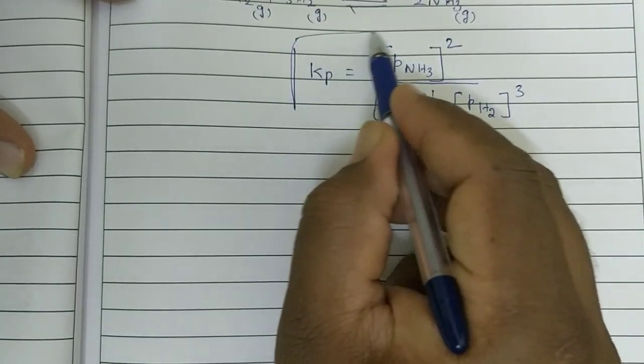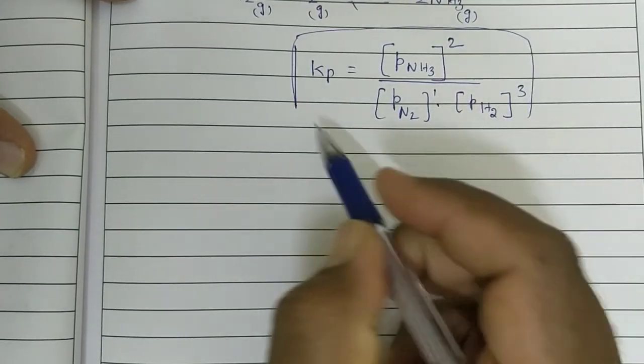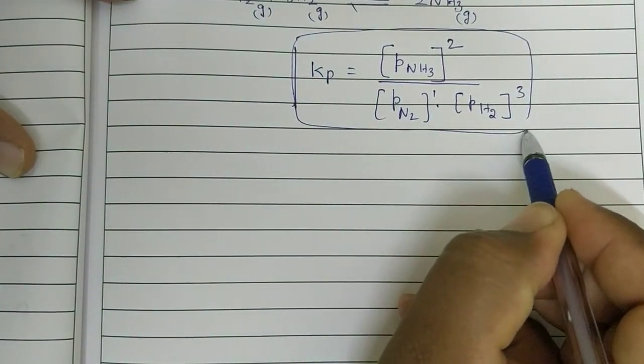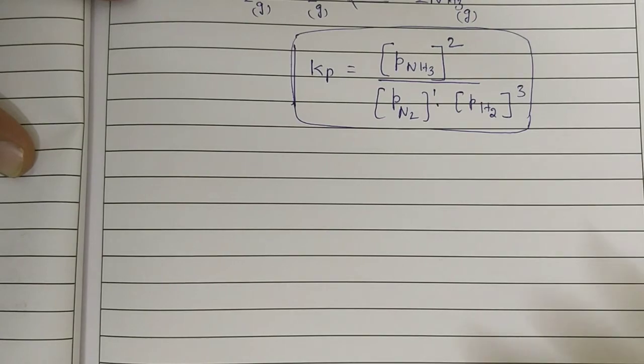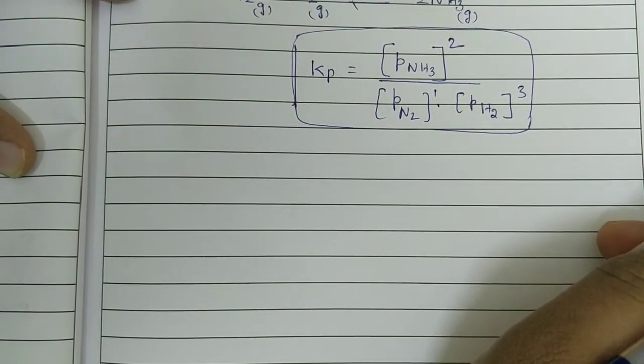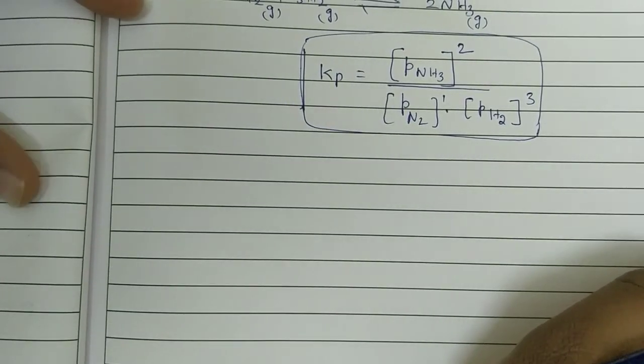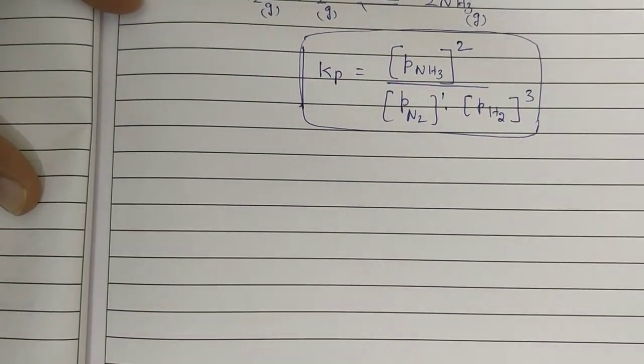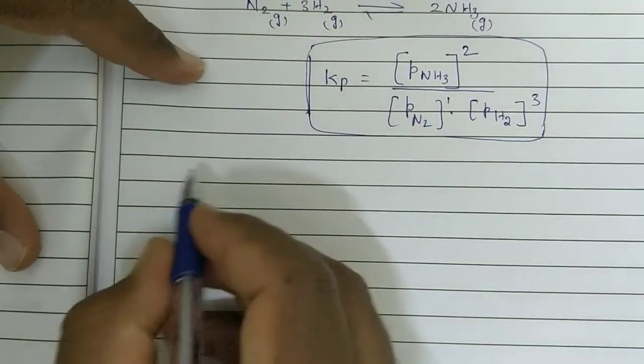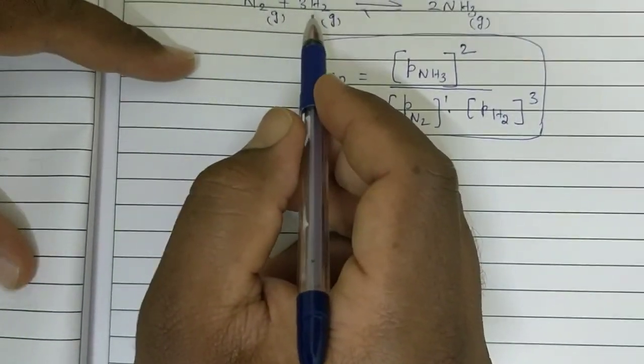There is no difference between Kc and Kp. The only difference is that in Kc all the reactants and products are expressed in concentration, and in Kp all the reactants and products are expressed in pressures. Is it okay? Now this is for N2 and H2 only.